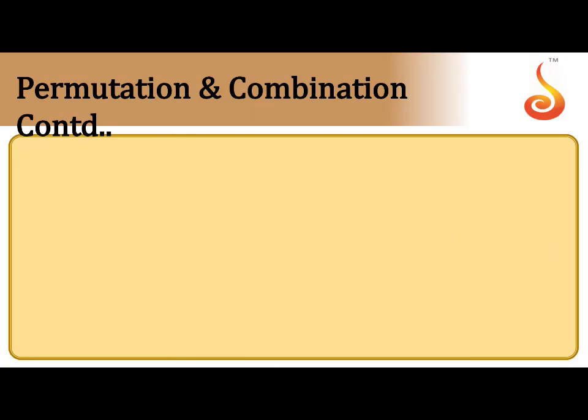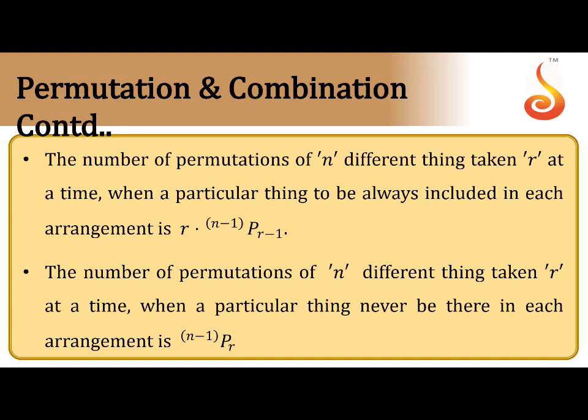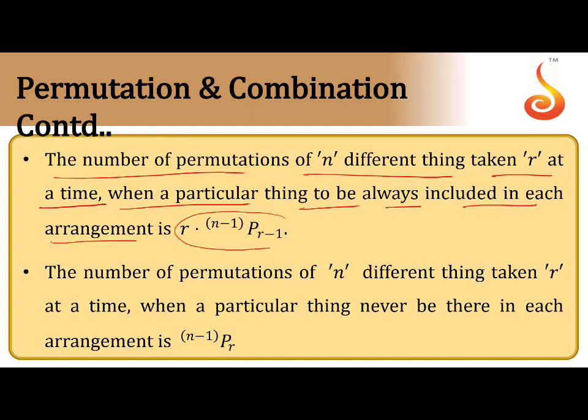Next, there are different conditions in solving questions. The number of permutations of n different things taken r at a time, with a particular thing always included in each arrangement. Suppose there are n objects and I am selecting r objects. There is one thing that is always included in the required arrangement.